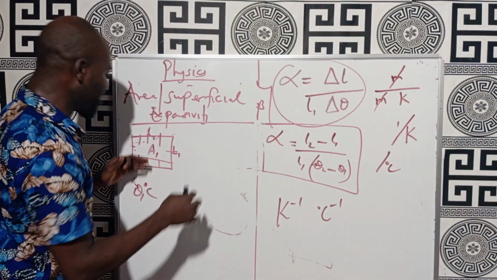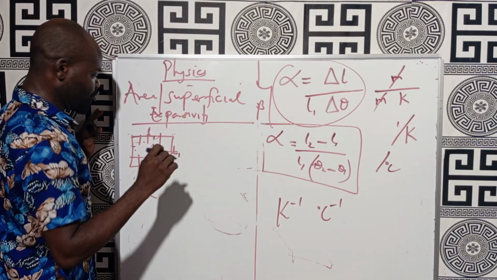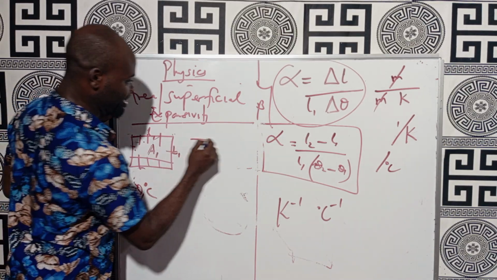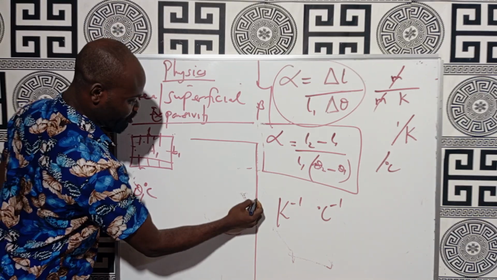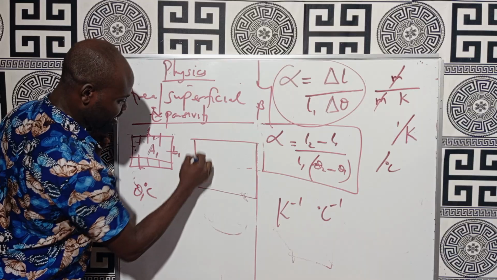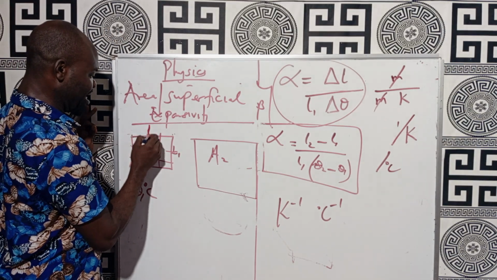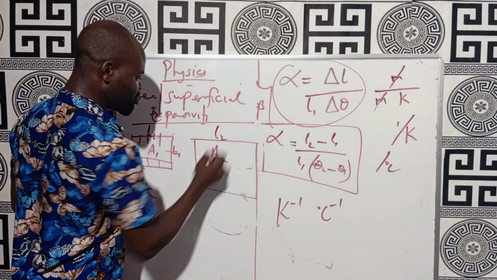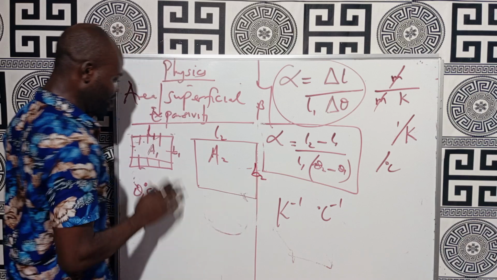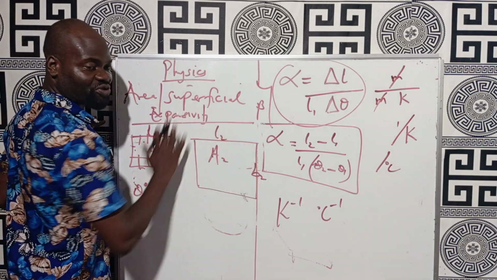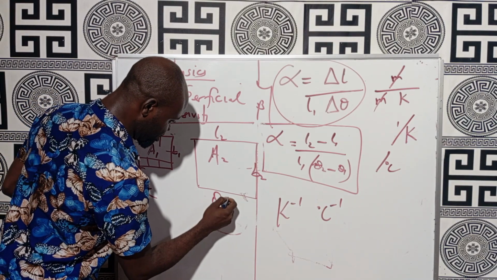Now let's say we have heated this metal. Of course, the area will expand, which means the length must have increased, and the breadth too must have increased. The area has increased to A2, because the length has increased from L1 to L2, the breadth has increased from B1 to B2, and the temperature has increased from theta 1 to theta 2 degrees Celsius.